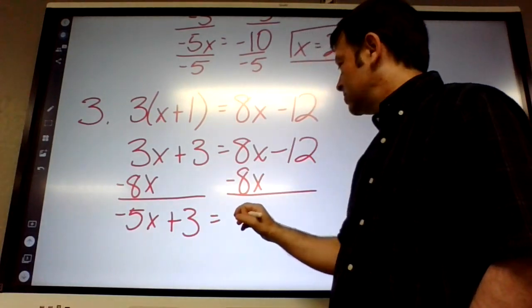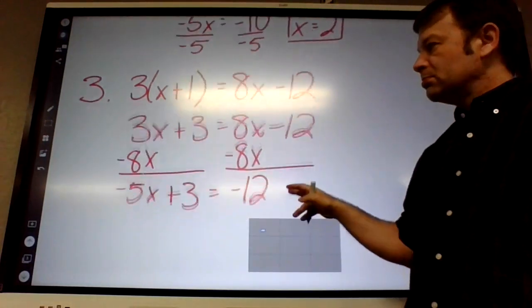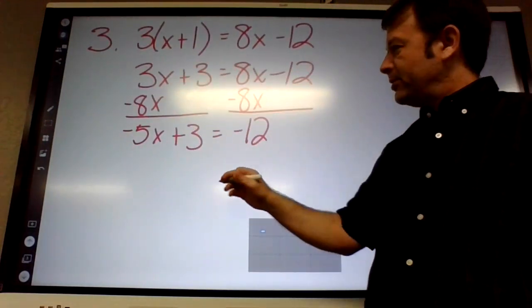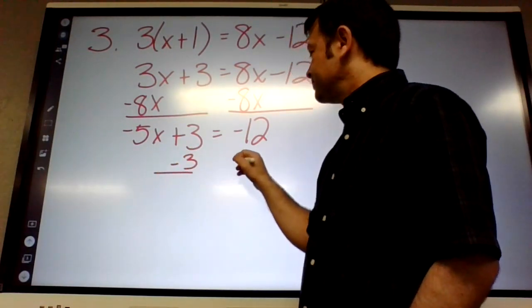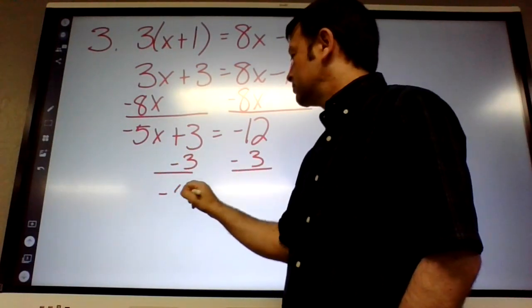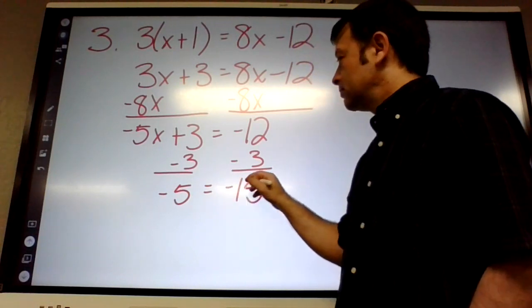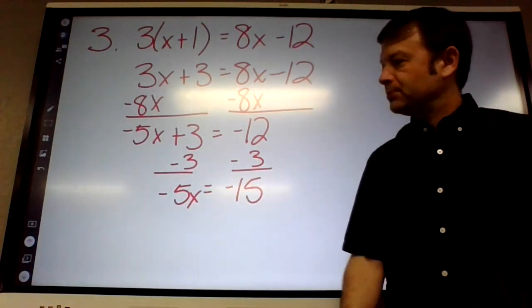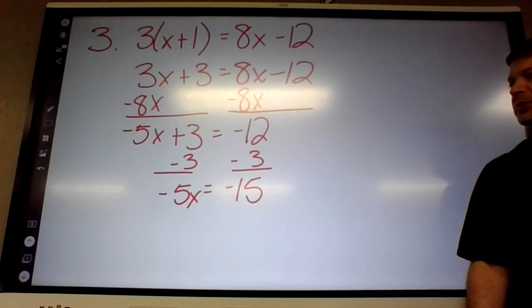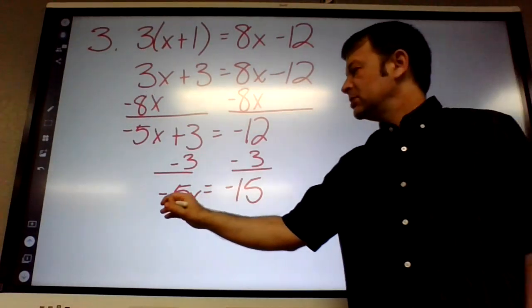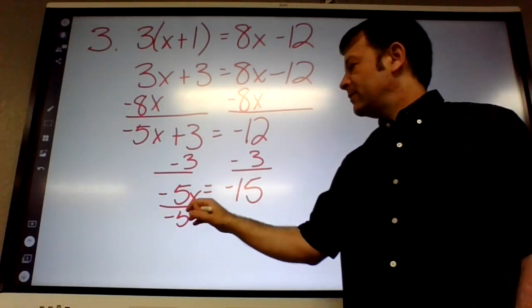Subtract 3. Yeah, now it's a normal problem. Subtract 3. Forgot my x. Divide by -5. Divided by -5.